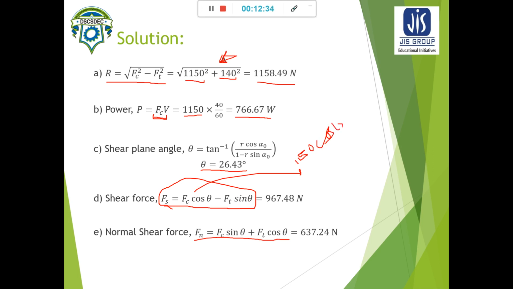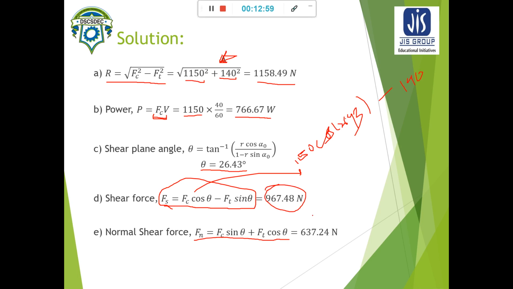minus 140 sin 26.43, then what can we get? We can get the value as 967.48 Newton.